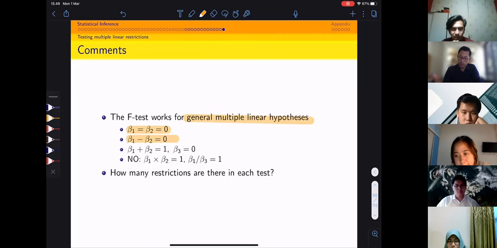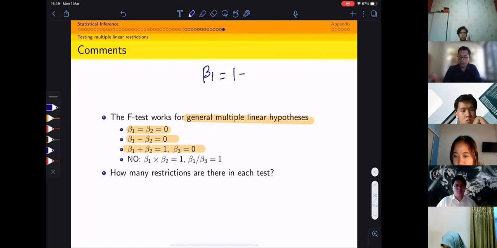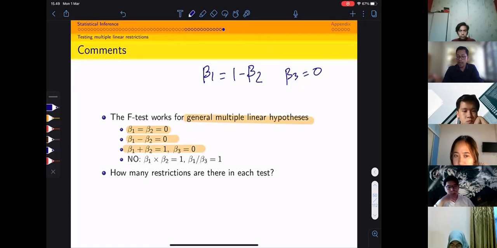Okay. What about this one? Can we do this? Is it a linear restriction? So yes, it's a linear restriction. Basically, it's beta 1 equals 1 minus beta 2, and then we have beta 3 equals 0. Okay. So how many restrictions do we have?